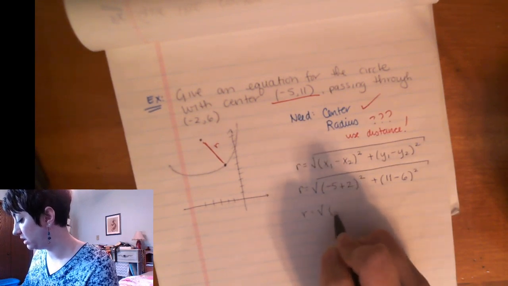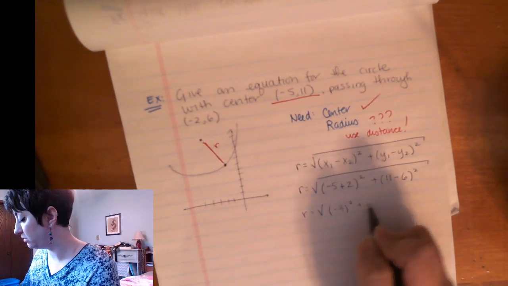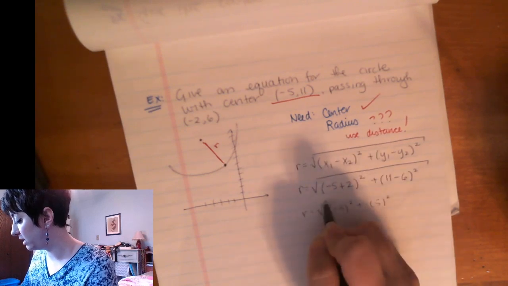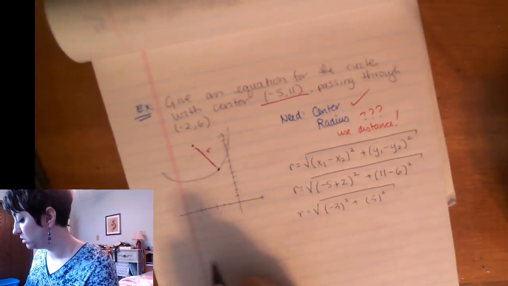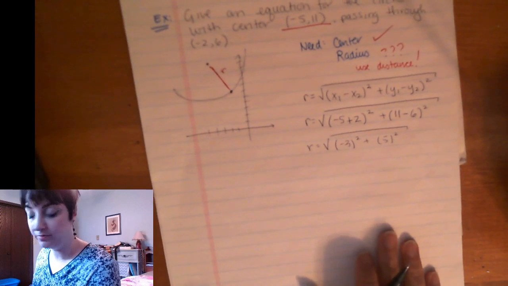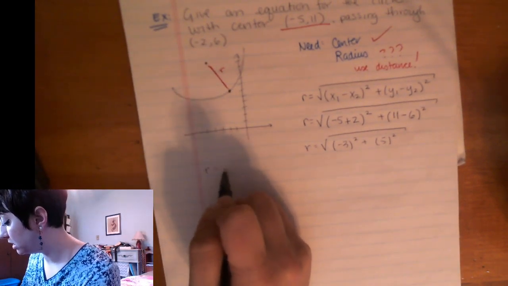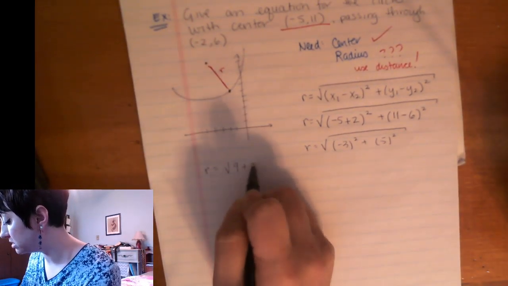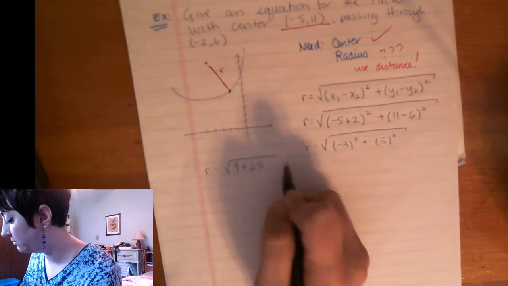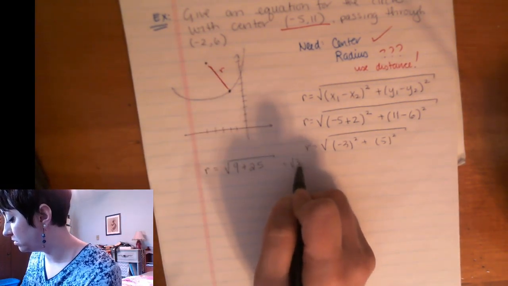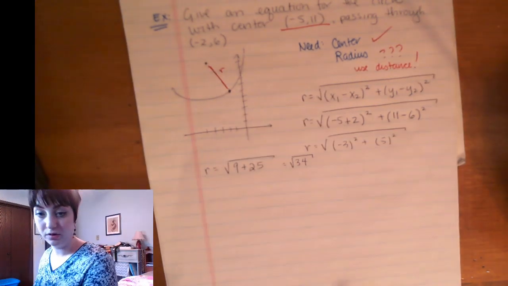So I get negative 3 squared plus 5 squared. So R is 9 plus 25. So root 34. So that's my R.